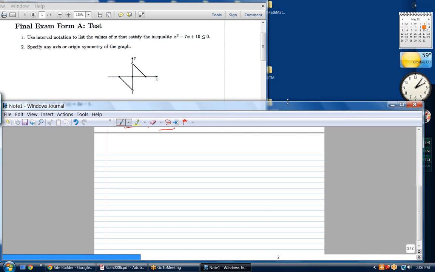Specify any axis or origin symmetry of the graph. Would that be symmetry around the origin? Yes, exactly. And the way you can tell symmetry about the origin is if you rotate it about the y-axis and then again about the x-axis, you have the same thing as symmetry about the origin.